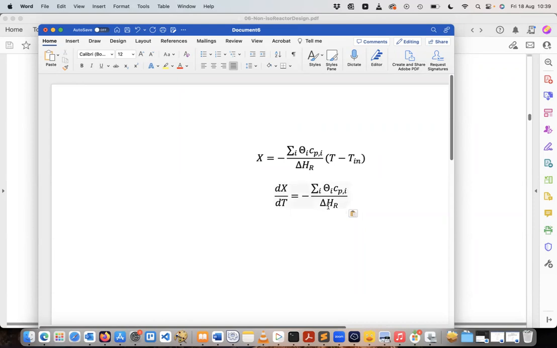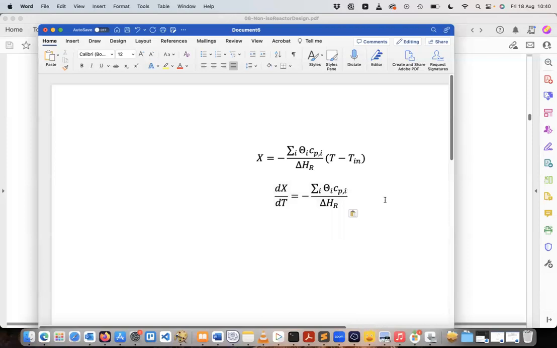So for a given reaction equation, we are stuck to a certain heat of reaction. And I believe that's the same with C_P,i. So could we change theta_i? Yes, because theta_i is our inlet molar flow ratio. And so if we change the inlet flow ratio, then definitely we can change the gradient.